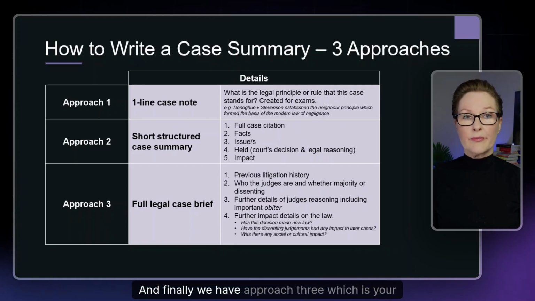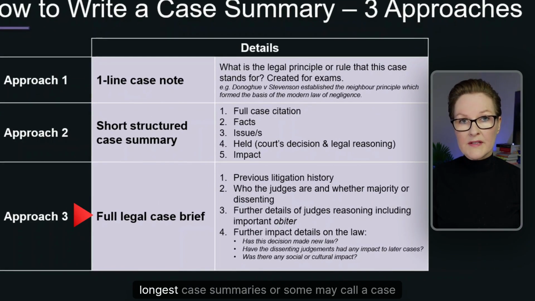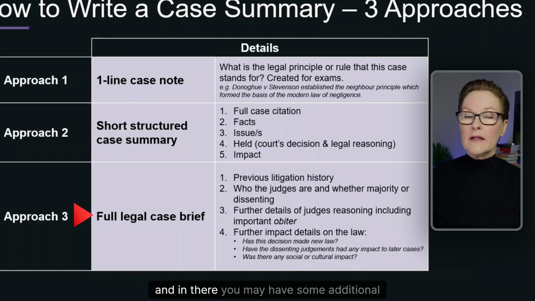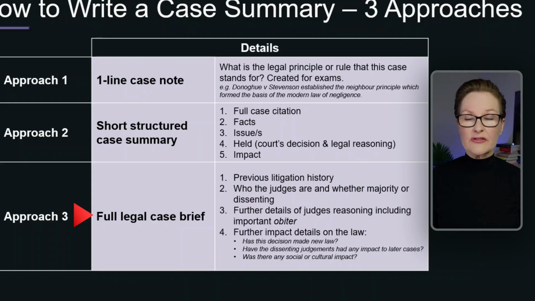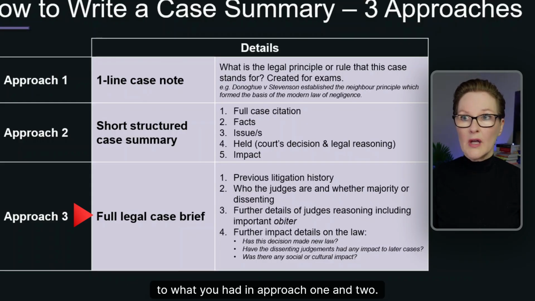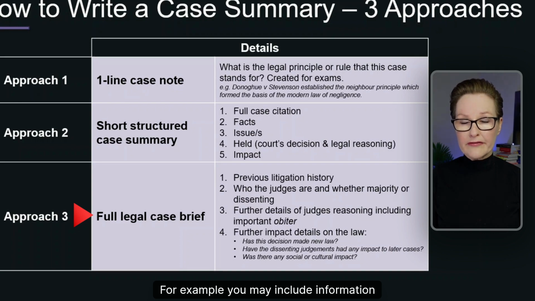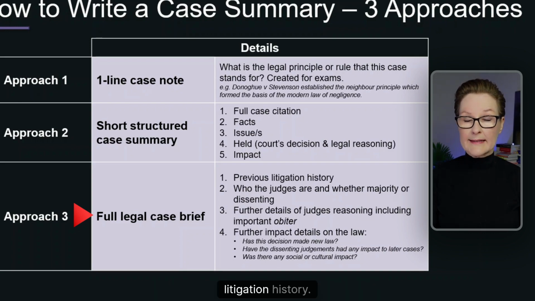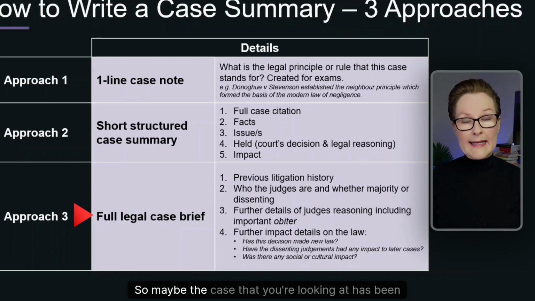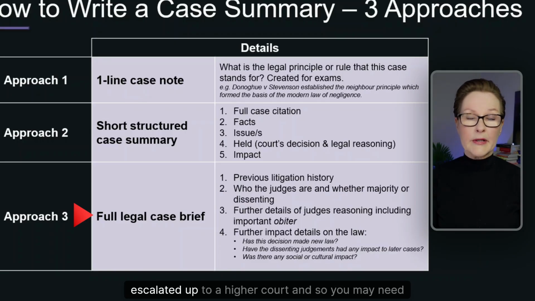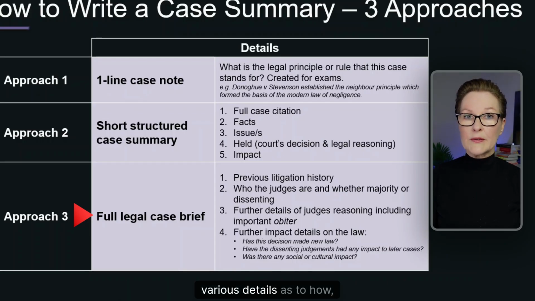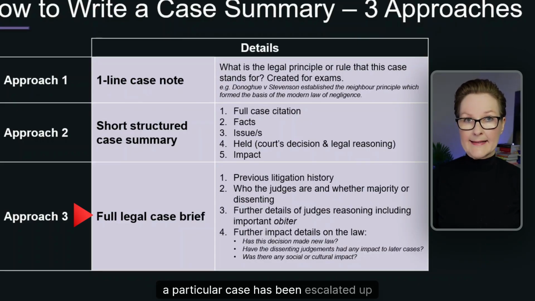And finally, we have approach 3, which is your longest case summary, or what some may call a case brief. In there, you may have some additional information to what you had in approaches 1 and 2. For example, you may include information around any previous litigation history. Maybe the case you're looking at has been escalated up to a higher court, and so you may need to include details as to how, where, and why a particular case has been escalated up through the court hierarchy.